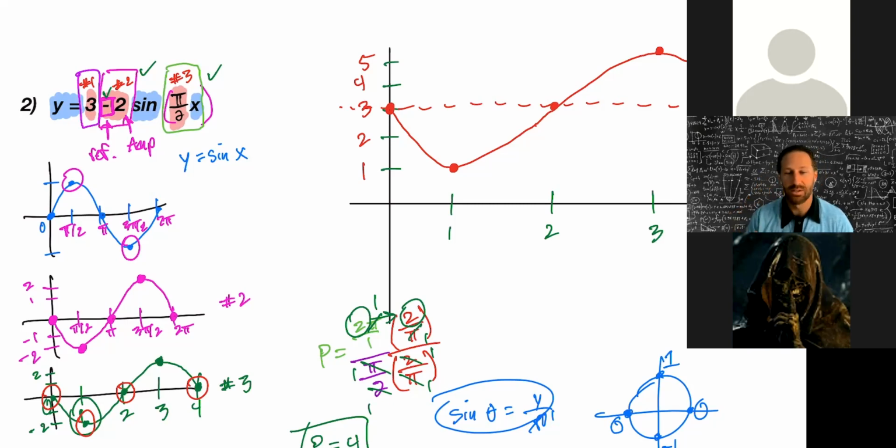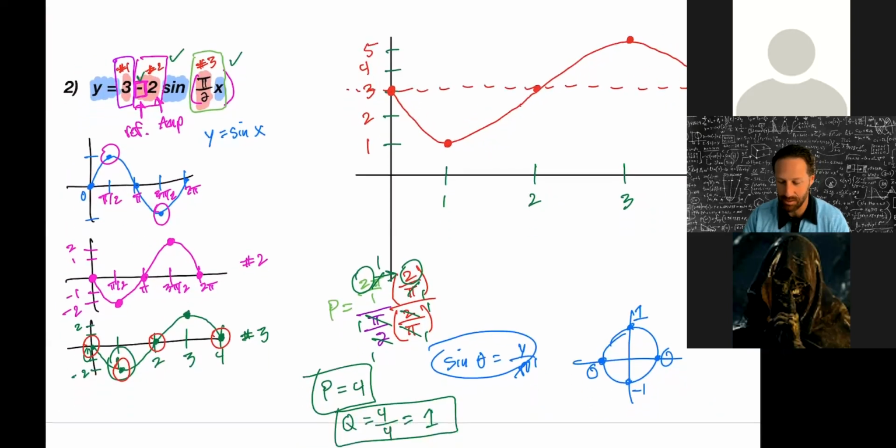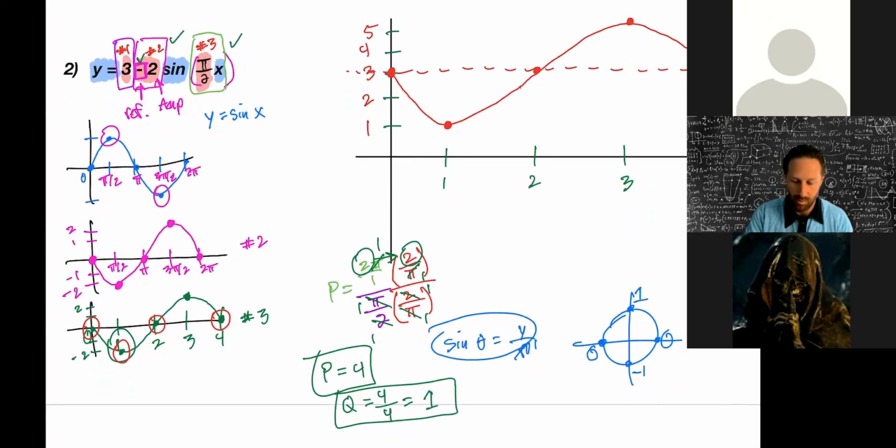Now, again, I know it doesn't look a whole heck of a lot different, and that's because I didn't stay to scale the entire time. When you graph pi over 2, pi, 3 pi over 2, and 2 pi on a number line, like on Desmos, things like that, it's still just going to be 1, 2, 3, 4. But you know that this value pi is about what? 3.14.